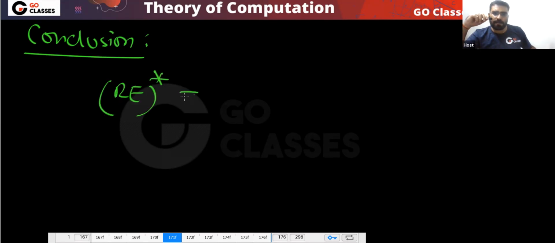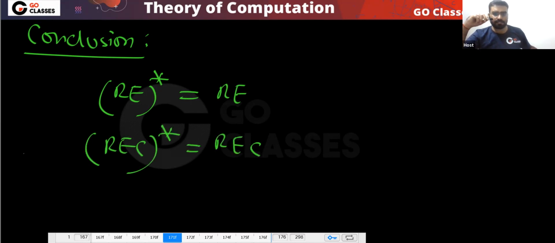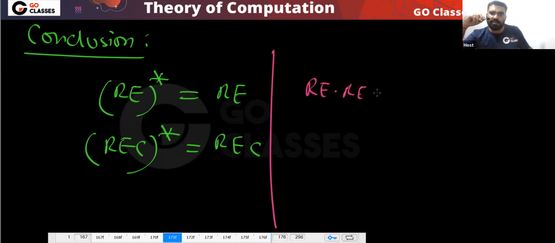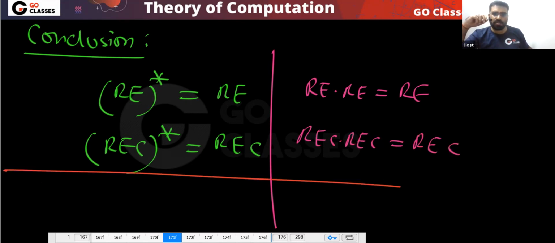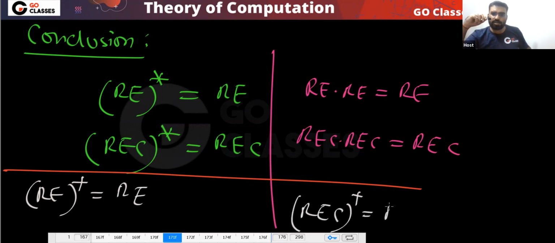RE star is RE, and the same idea applies for REC star: REC star is REC. Also RE dot RE is RE, and REC dot REC is REC. The same thing works for Kleene plus also, so RE plus is RE and REC plus is also recursive. This is the conclusion.